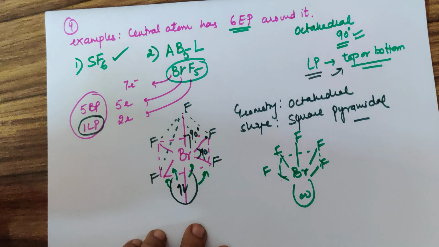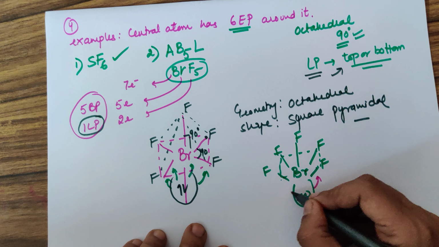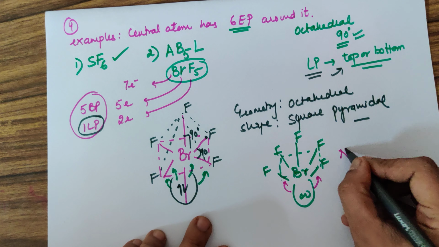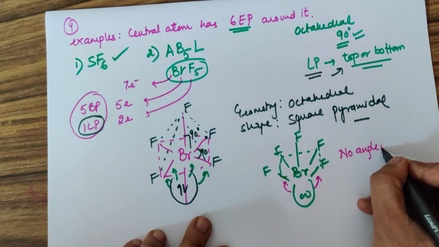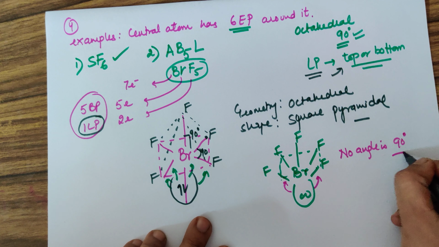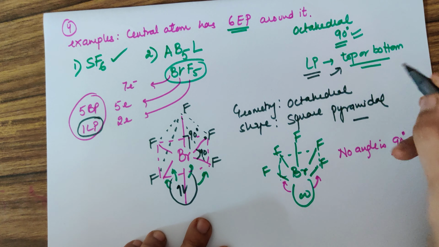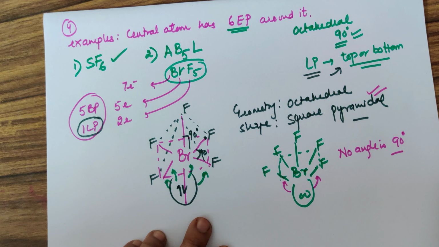So these angles are affected by the lone pair and they move slightly up. Actually no angle is 90 degrees, but CBSE doesn't talk about these repulsive interactions. So it gives you the shape as square pyramidal.